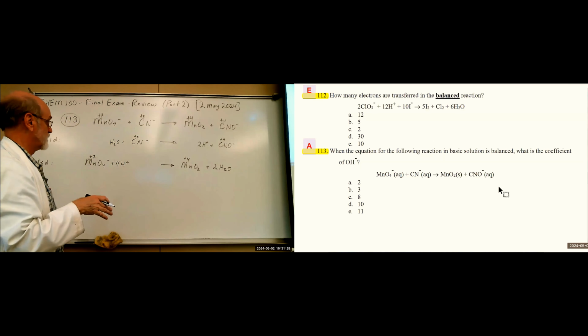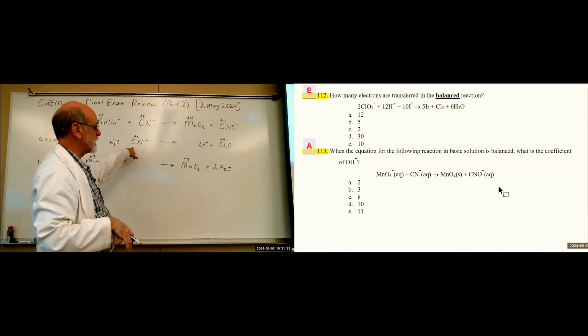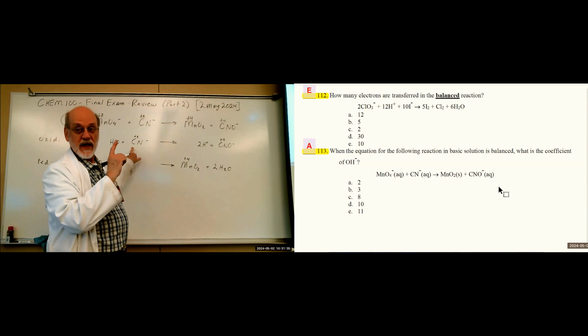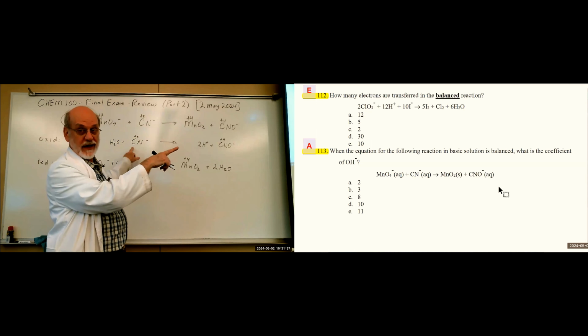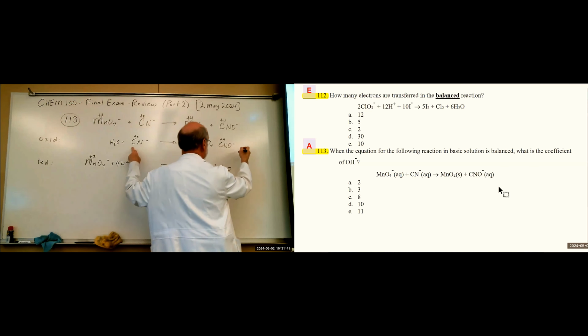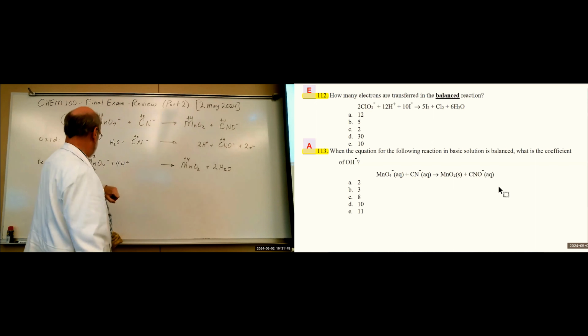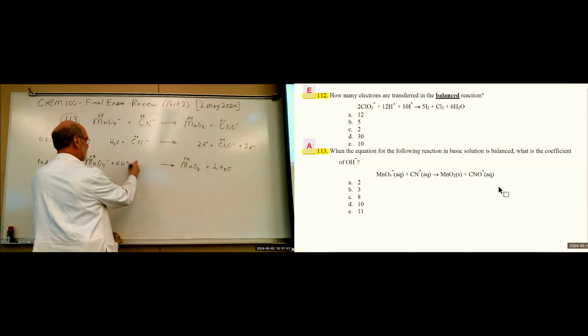Now we can do electrons. This one was an oxidation. That means we have electrons on the product side. We lost electrons. Actually, we lost 2 electrons. On this side, we gained electrons.